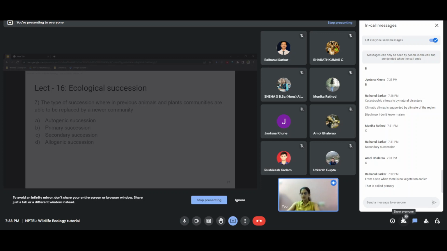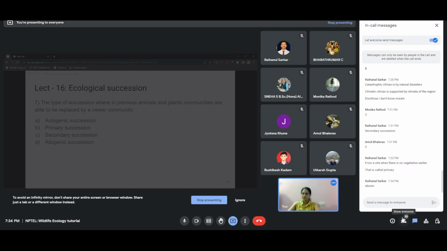So basically, autogenic succession is when your succession is driven by what factors? Biotic or abiotic? Abiotic. Okay.